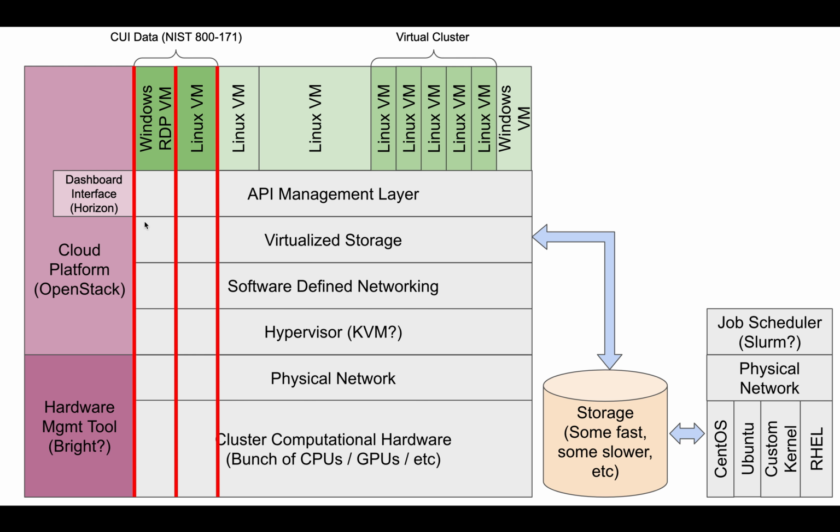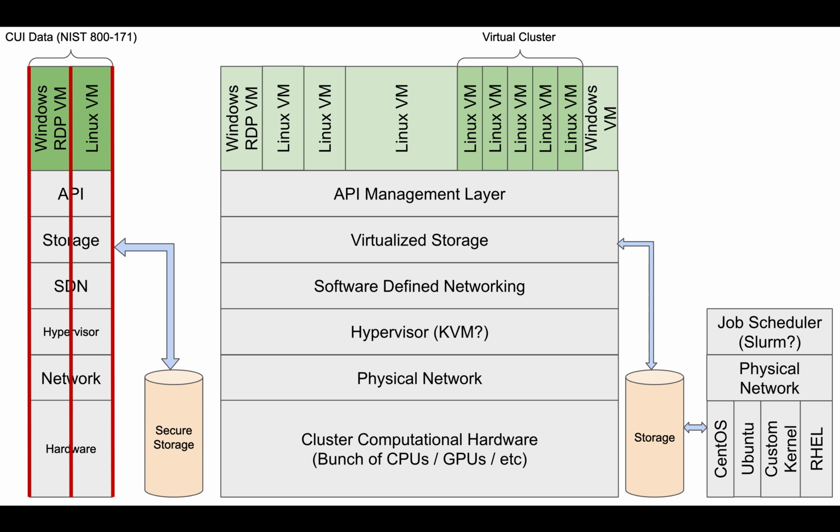And then similarly over here with the CUI data, this 800-171 data, while I do think it might be possible to take all of that and mix it in with everything else that we have, it probably makes more sense, or it may end up making more sense, to pull that out into its own stack over on the left-hand side here, where we've got a clone of the cloud environment, that virtual environment, but with a specific focus on controlled data.